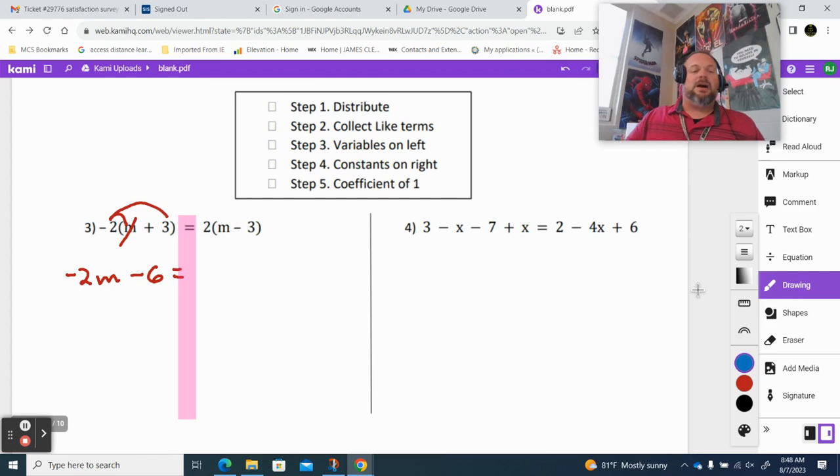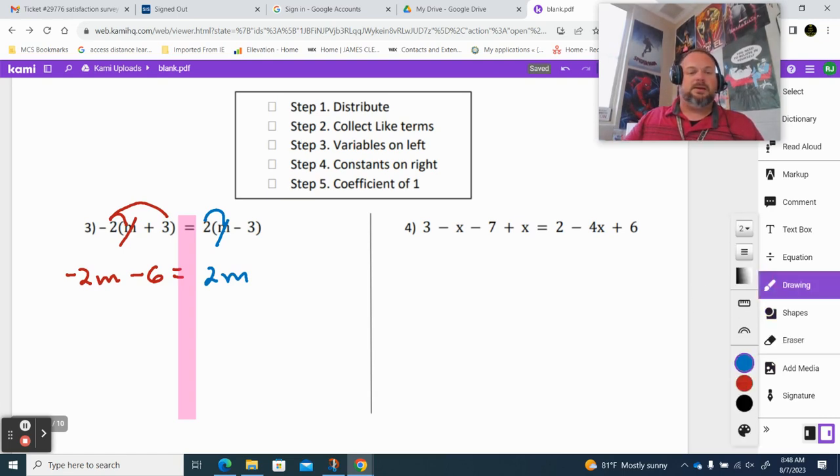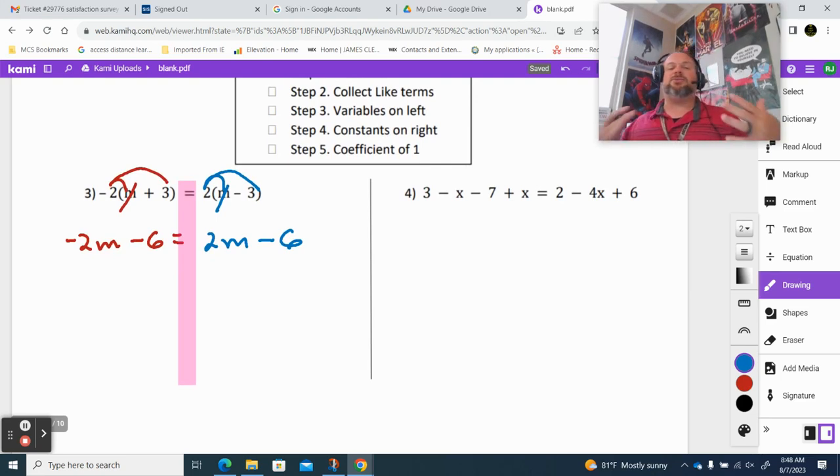My favorite. All right. So we multiply 2 times m. Cross this out. Nope, that's not negative. All right. And then minus 6. So we have distributed.